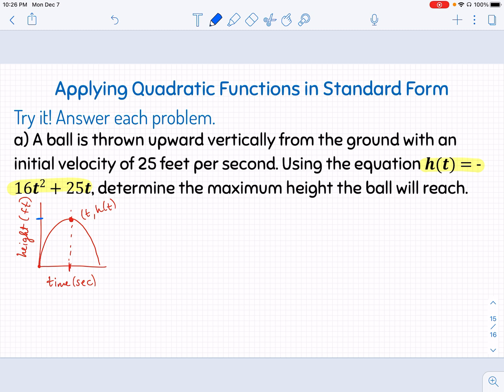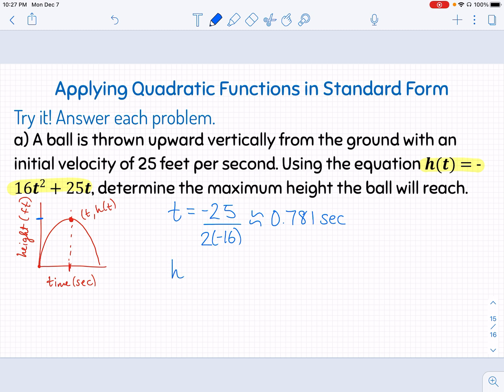But in order to find a vertex, you need to find an axis of symmetry first. So we're going to say t equals negative b over 2 times a. So if I do negative 25 divided by negative 32, I get this kind of nasty number. It's 0.781.